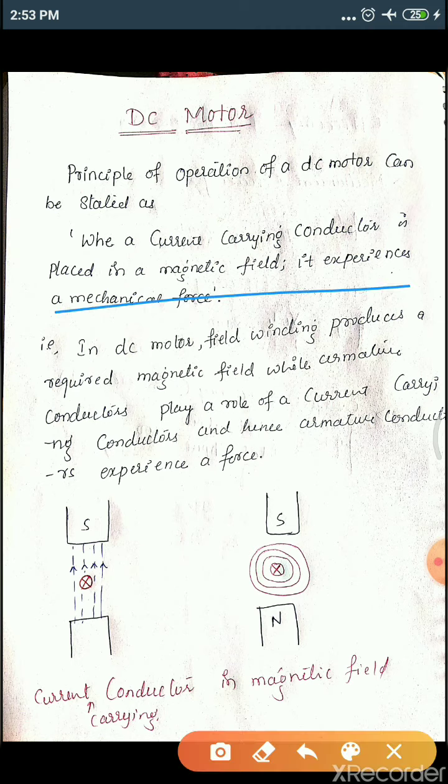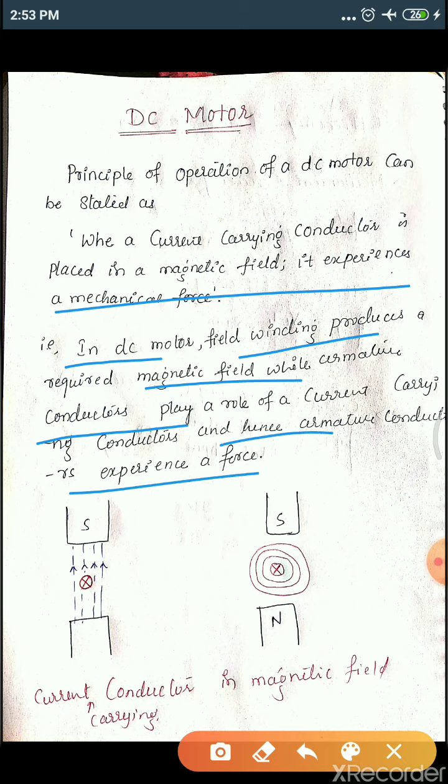Let's see what that means. In a DC motor, the field winding produces the required magnetic field while the armature conductor plays the role of carrying current, and hence the armature conductor experiences a force. You can observe here the south and north poles.